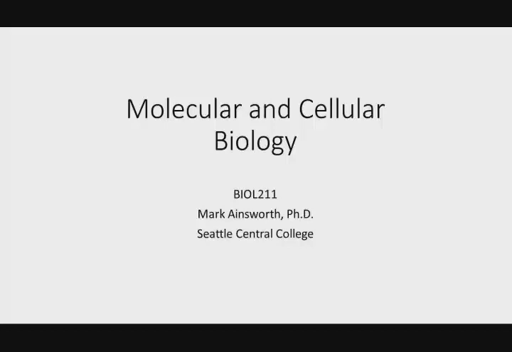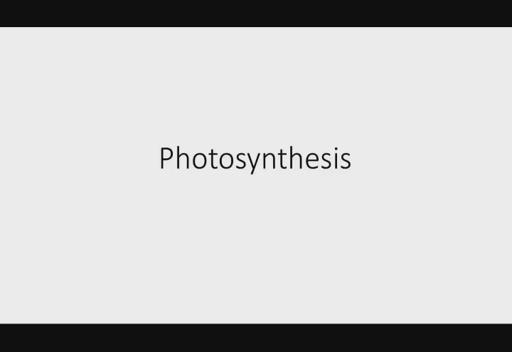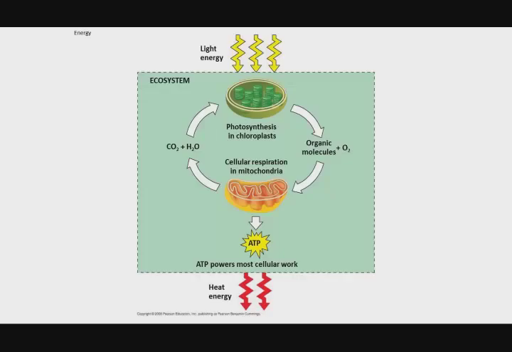So the second major biochemical pathway that we're going to investigate and study is photosynthesis. Now, again, when we look at the energy flow through an ecosystem, we know that light is coming into the system and being absorbed by what's known as an autotroph, in this case, a green plant, that can take that light energy and convert it into a biologically usable form, organic molecules and O2.